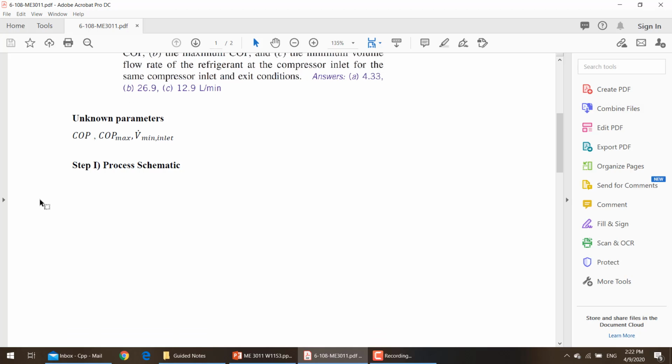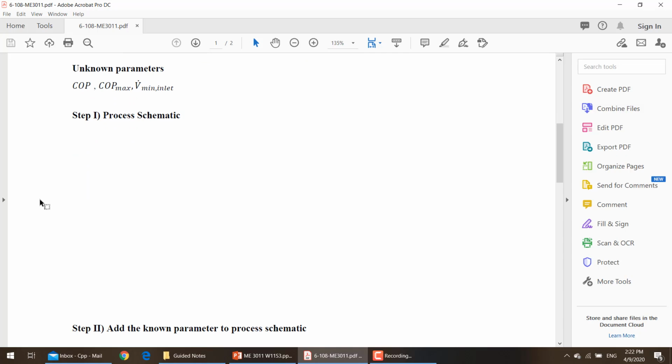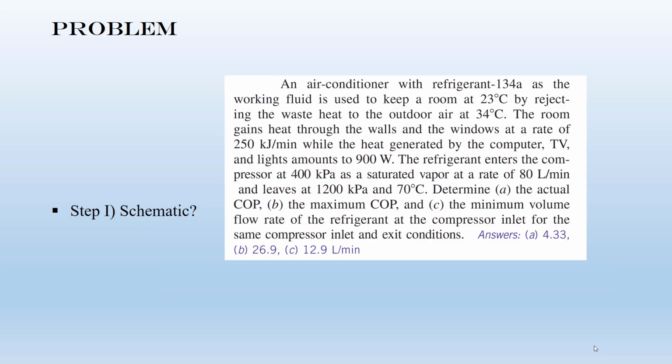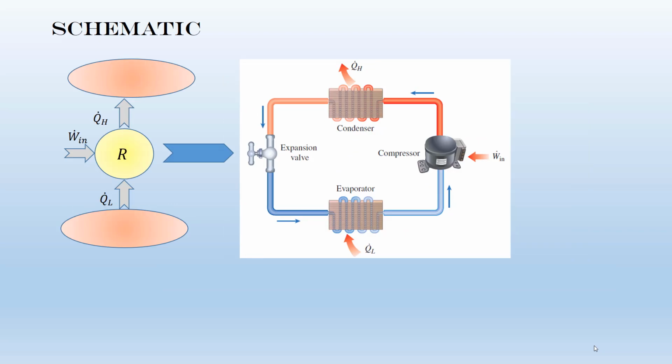Okay, so the second step, you need to transfer all available information to the process schematic. Before you transfer this information, let me show my schematic. Look, guys, here you can see we have the refrigerator, and this refrigerator works between two reservoirs, and you have the temperature for the sink and the temperature for the source.